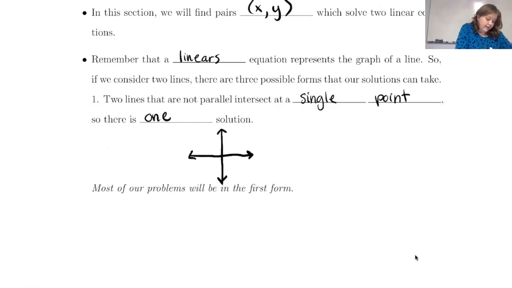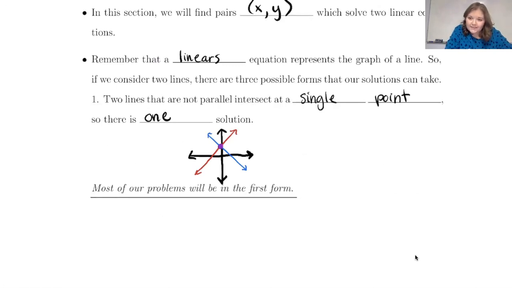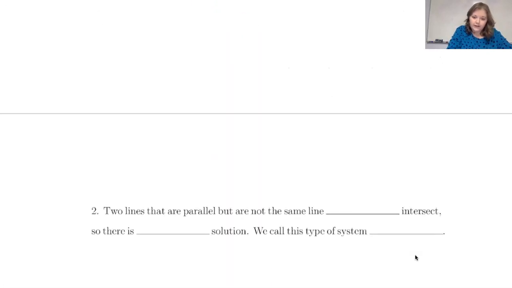If we had line number 1, and then line number 2, we would see that they intersect at just one place, right here. And so most of ours are going to be like this. So what you should sort of expect to get out of a system of equations is one point, one ordered pair.